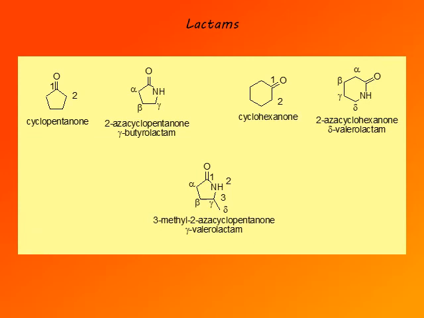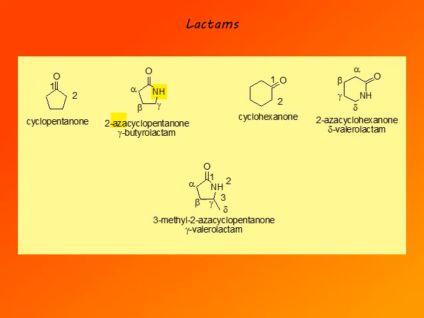So a 5-membered cyclic ketone is cyclopentanone. And so the corresponding lactam has to indicate that there is nitrogen in the ring. We indicate that by the word aza. So a nitrogen atom in a ring or in a chain is called aza. And then by a number we indicate the position in which that atom is. So this would be 2-azacyclopentanone.